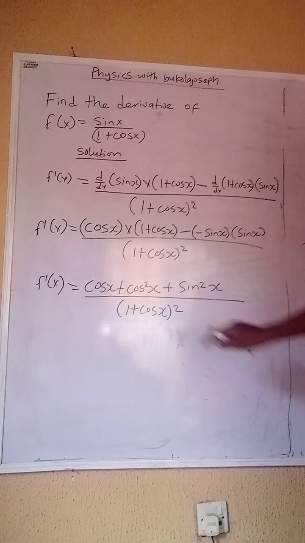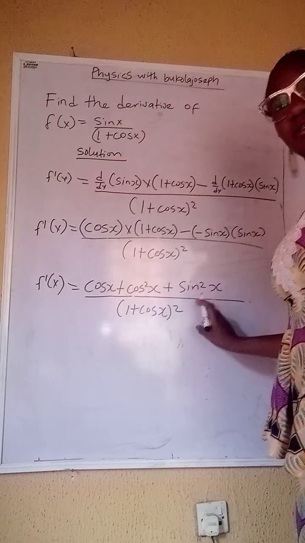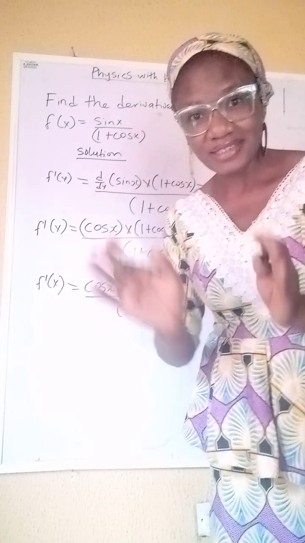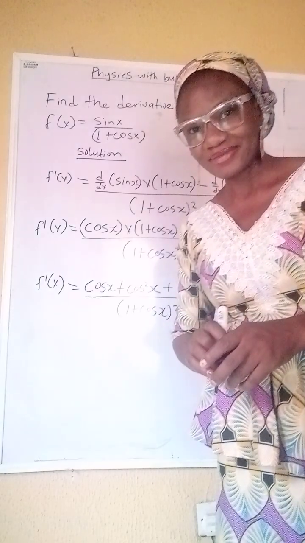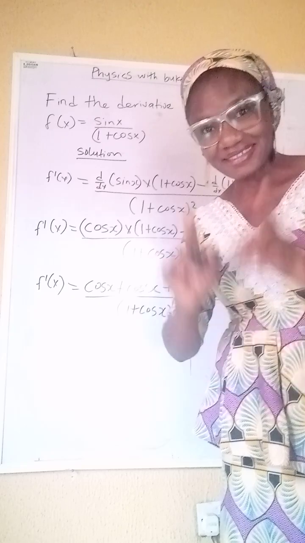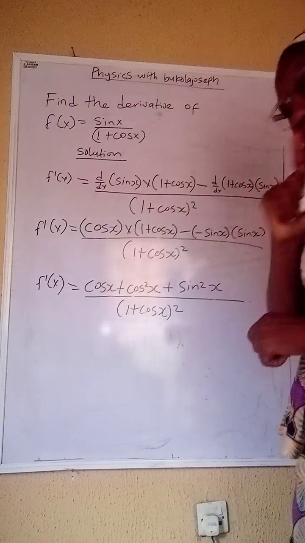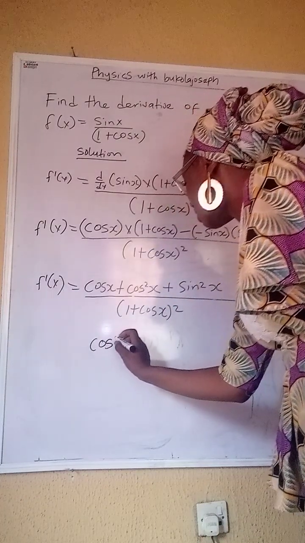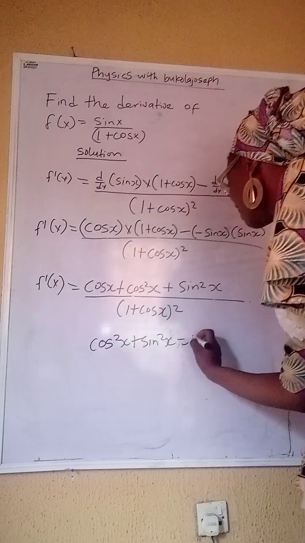Now if you look at this, it is an identity in trigonometry. Do you still remember the identity that represents this? So let me remind you. In trigonometry we have cos squared x plus sine squared x is equal to 1.